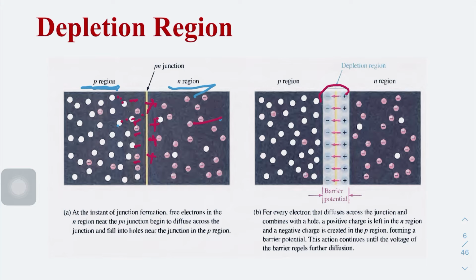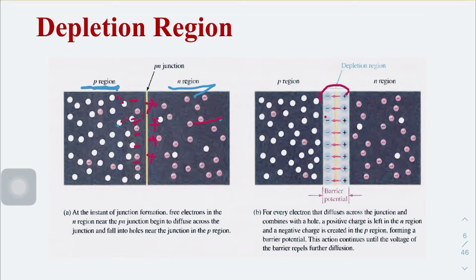If we reach a specific point, these positive and negative ions create a potential difference between them, and this suppresses any more electrons passing from the n side to the p side, and also holes from the p side to the n side, and we reach an equilibrium point.